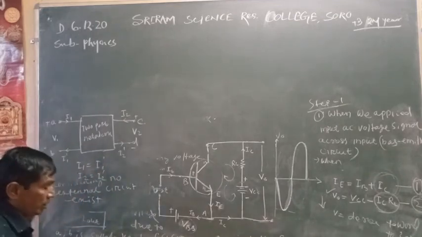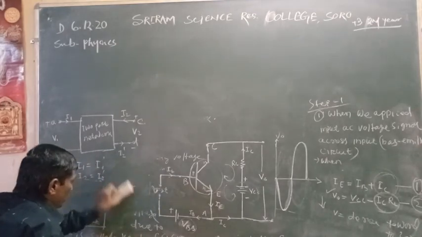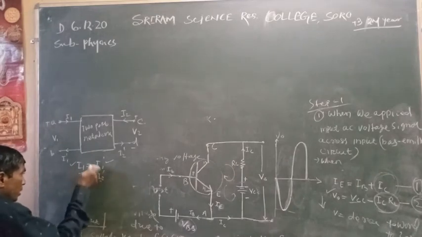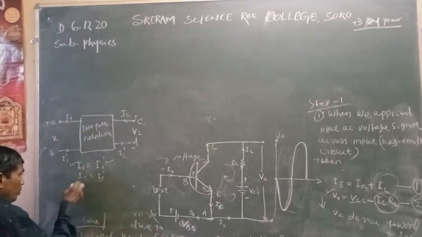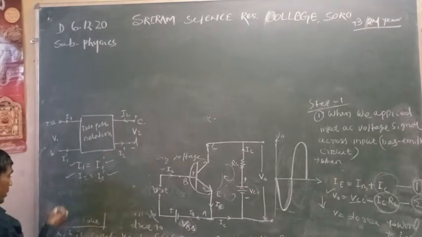Due to this condition, the entering current is equal to the leaving current in port AB, and the entering current I2 equals the leaving current in port CD.